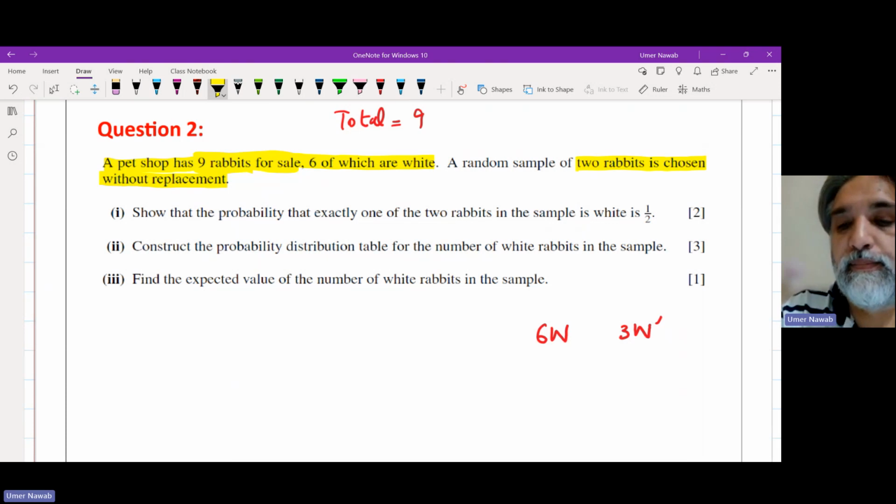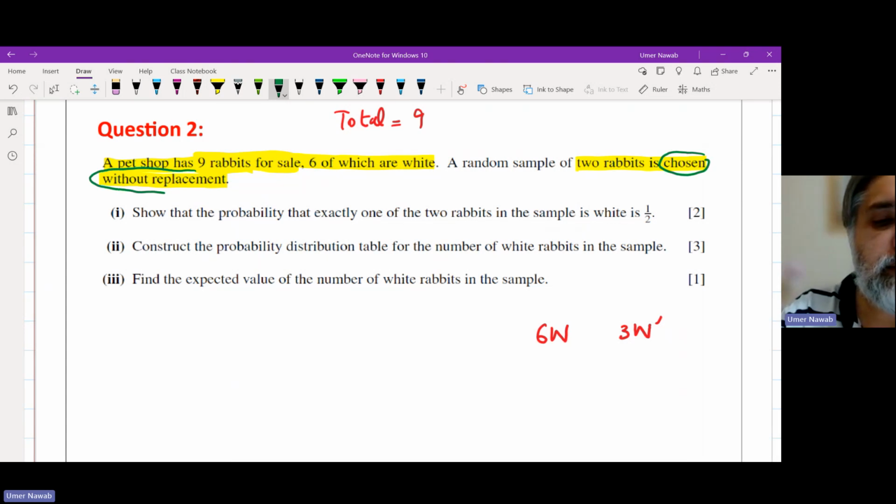When I say that we are going to pick the rabbits without replacement, this is related to classical probability. Don't try to use combinations here. Why can we not use combinations? You say, Mr. Romer, it is written chosen. My friends, he has written without replacement.